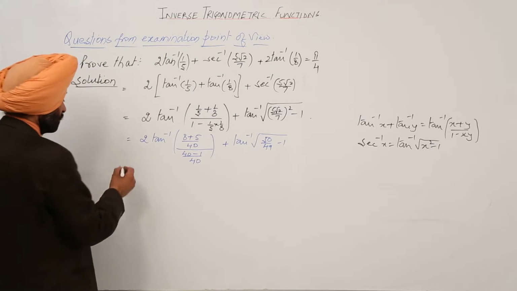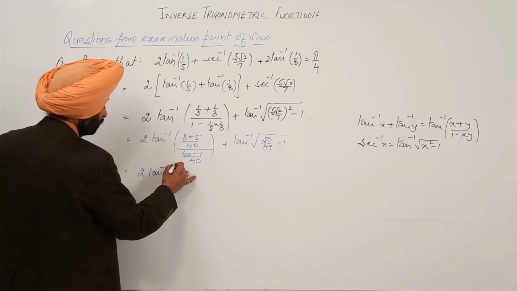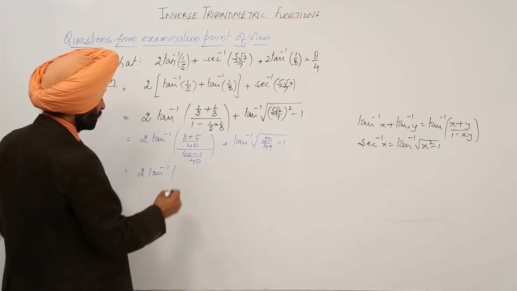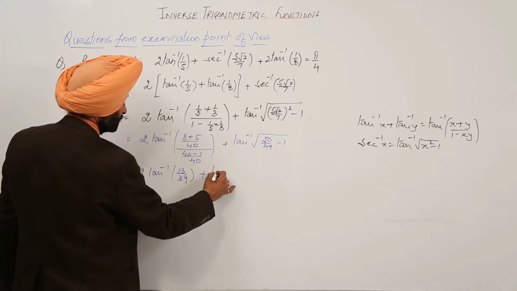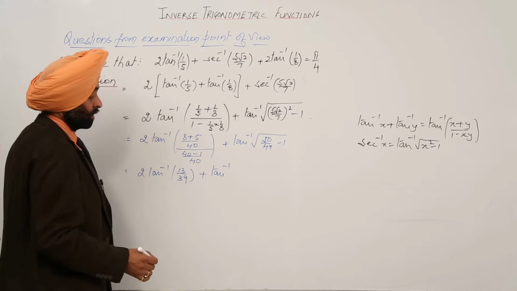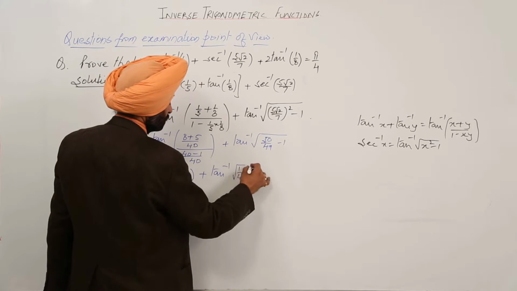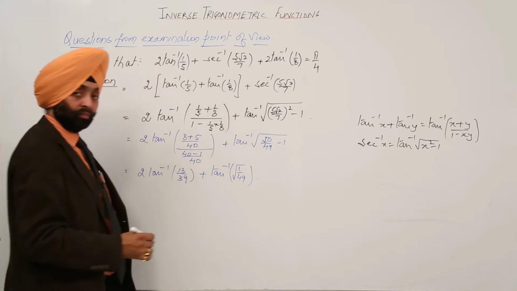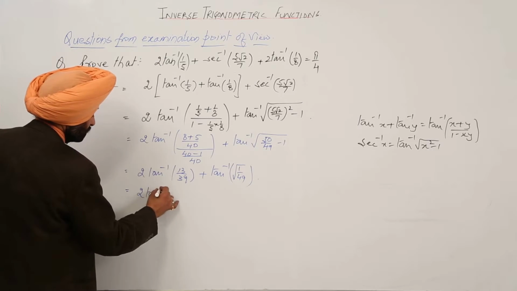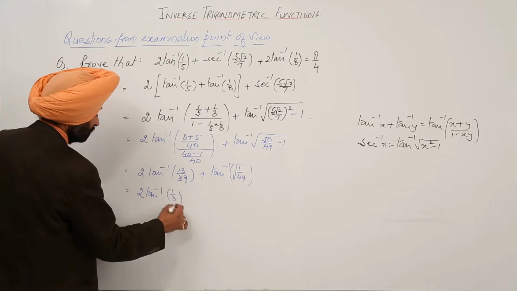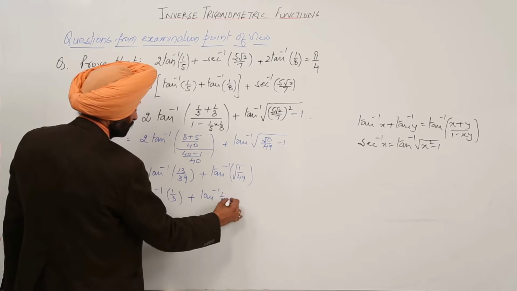Okay, so further this becomes 2 tan inverse 13 upon 39 plus tan inverse under the root of 1 upon 49. So this becomes now 2 tan inverse 1 by 3 plus tan inverse 1 by 7.